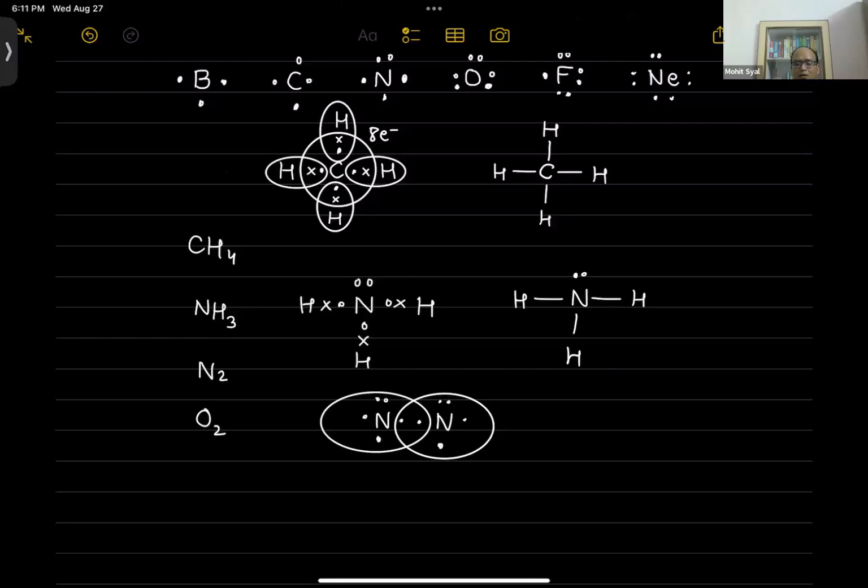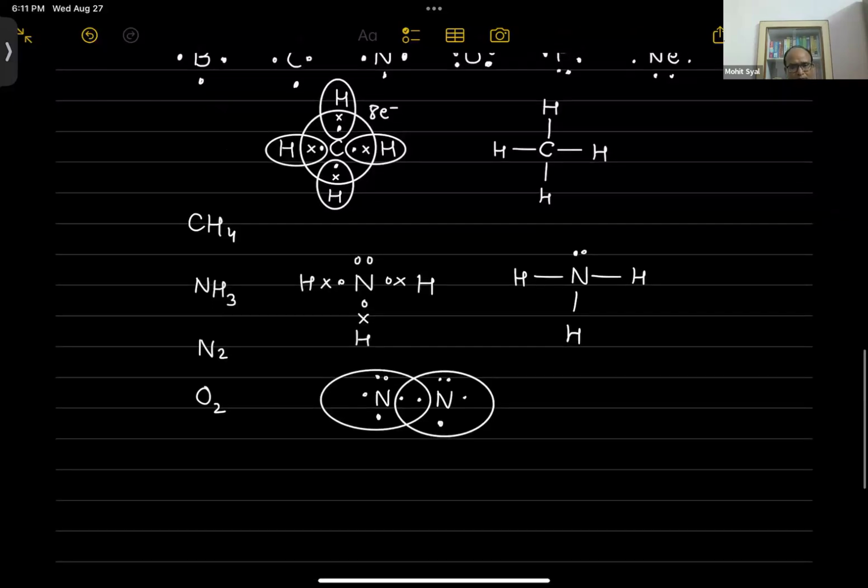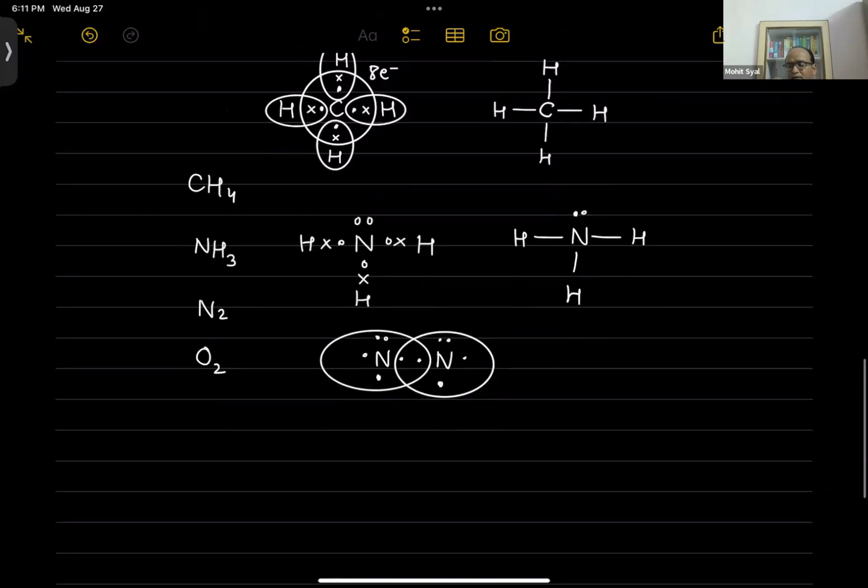Can we do something more to help both the nitrogen atoms complete their octet? We can let the other 2 electrons also participate in sharing. So let's see whether it solves our problem or not. This is nitrogen.